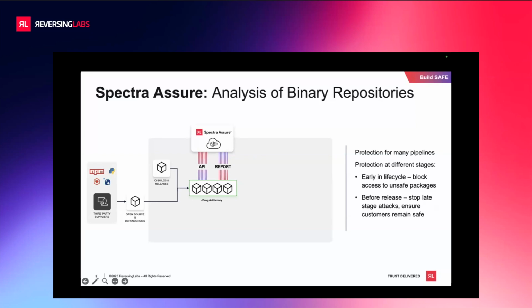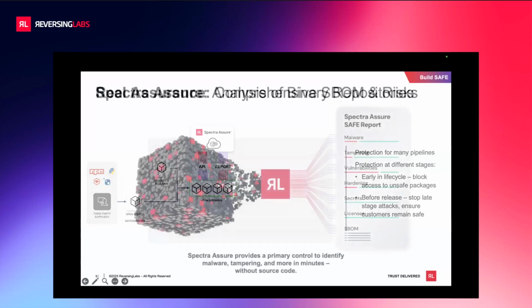We can scan early in the life cycle, potentially blocking access to unsafe packages. We can also scan your entire release package, looking for those late stage attacks and to ensure that customers remain safe.